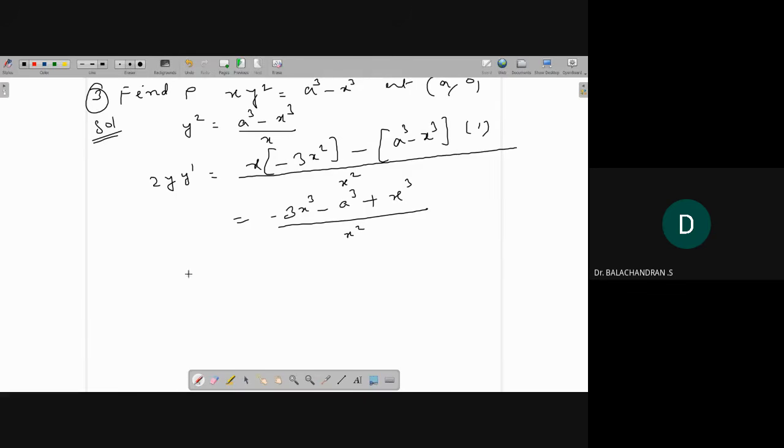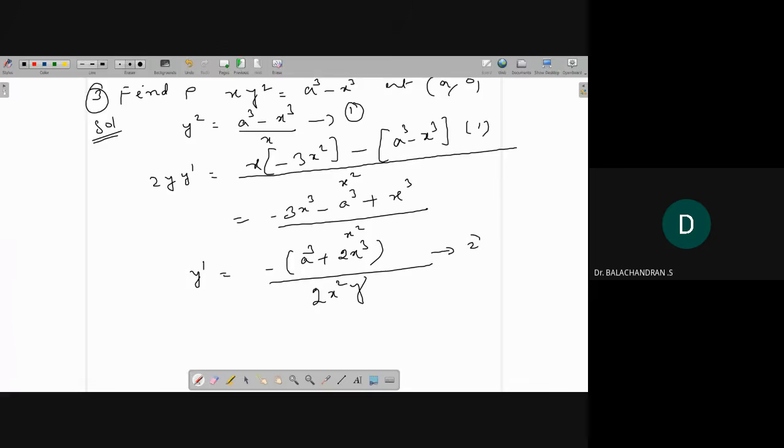I need y dash, so y dash is equal to, here I have minus 2x cube minus a cube, so take minus common. So a cube plus 2x cube divided by 2y into x square, or 2x square y. So please check it up to this step. We call this equation 1.